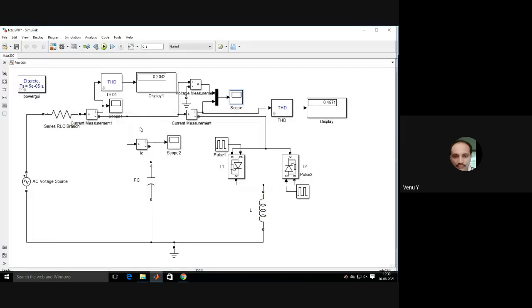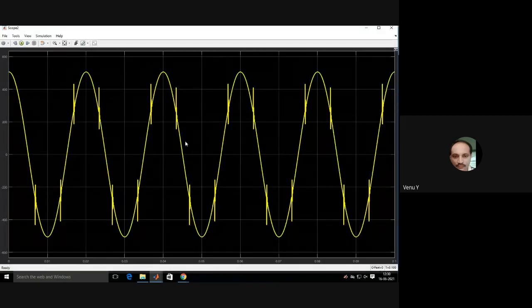And coming to fixed capacitor current, this is the waveform of IC, the capacitor current.